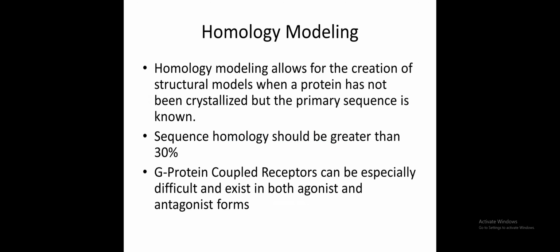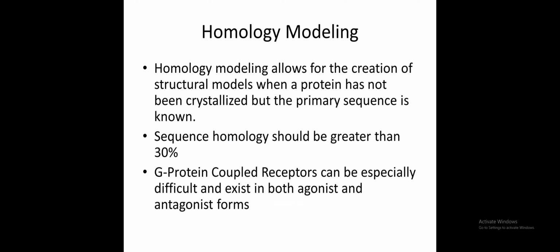I just wanted to mention very briefly the idea of homology modeling. Assuming you do not have an actual crystal structure for the protein you're interested in, if it's not been crystallized, you can still begin to generate useful models. There are different numbers mentioned in the literature. You typically want sequence homology greater than 35% before you can begin to create useful homology models.